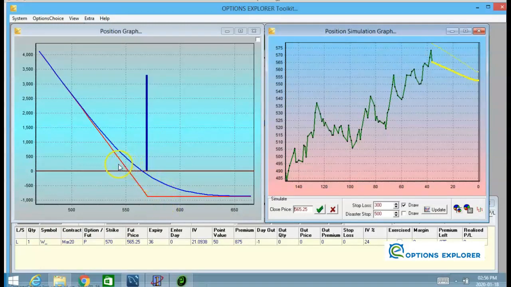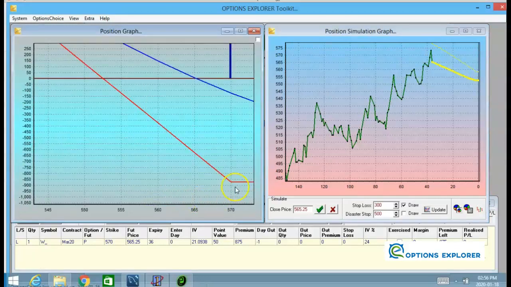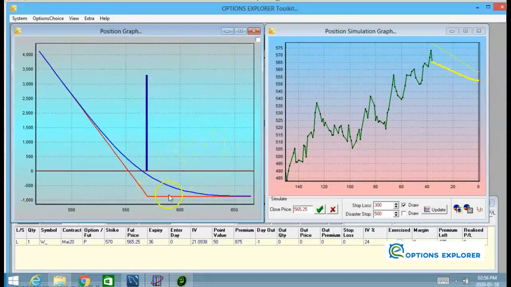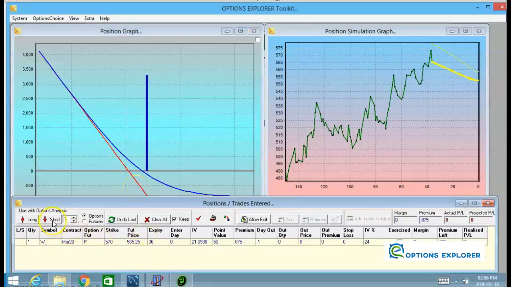So if the market moves up, you're having a loss of $875 US. If the market goes down, you've got an unlimited profit, and that's the put option that you're after. But we want to achieve the situation without actually buying a put option. So let me show you how to do that.